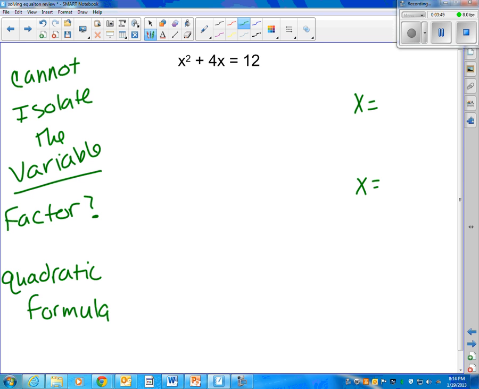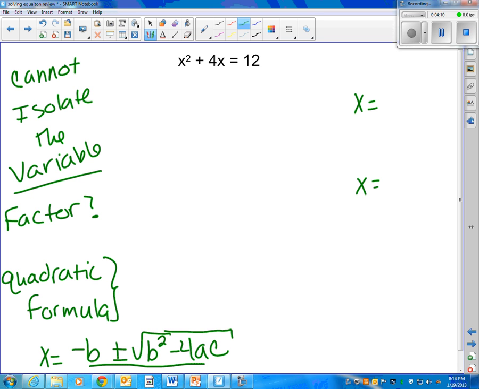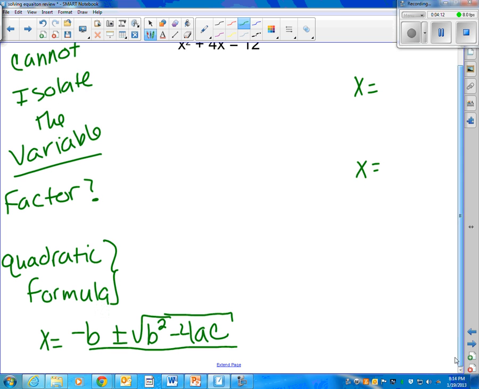So for this particular problem, I want you to practice your quadratic formula. It is x equals the opposite of b plus or minus the square root of b squared minus 4ac, all of it over 2a.